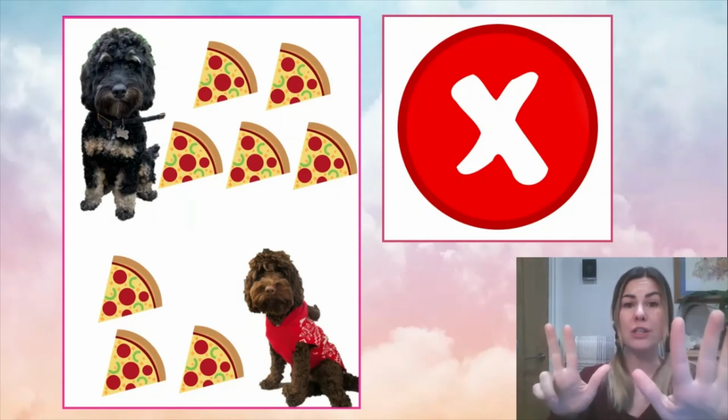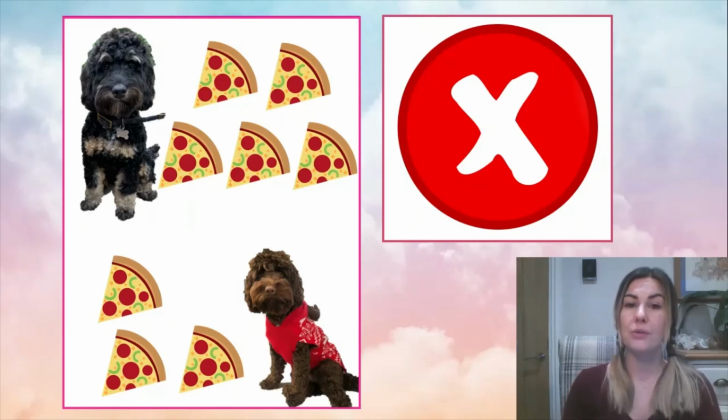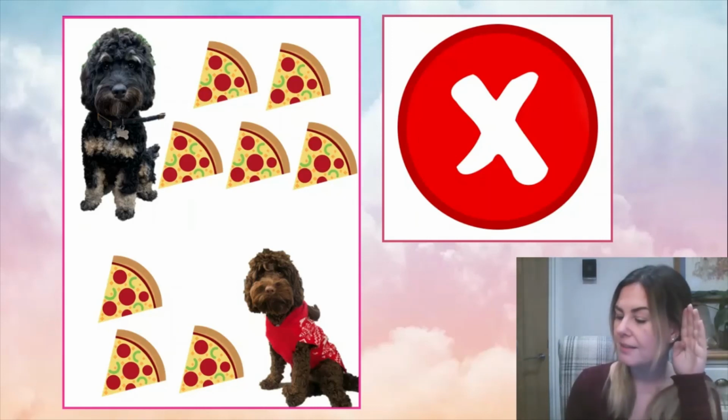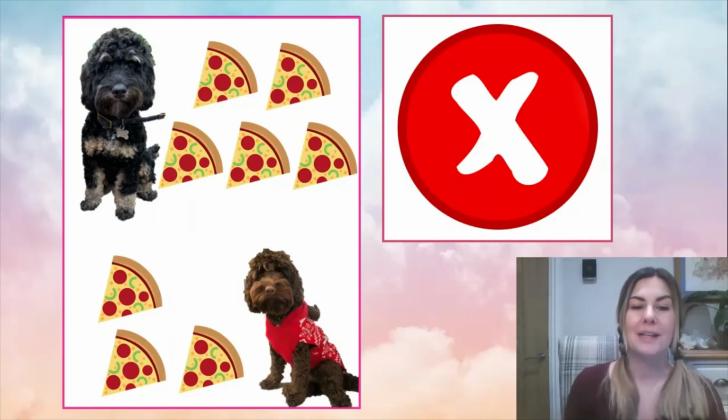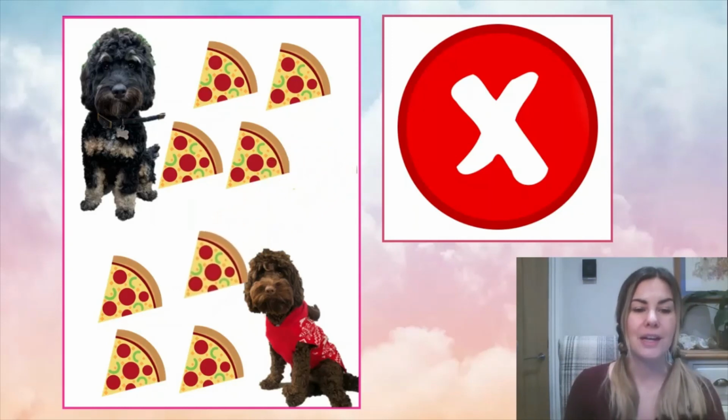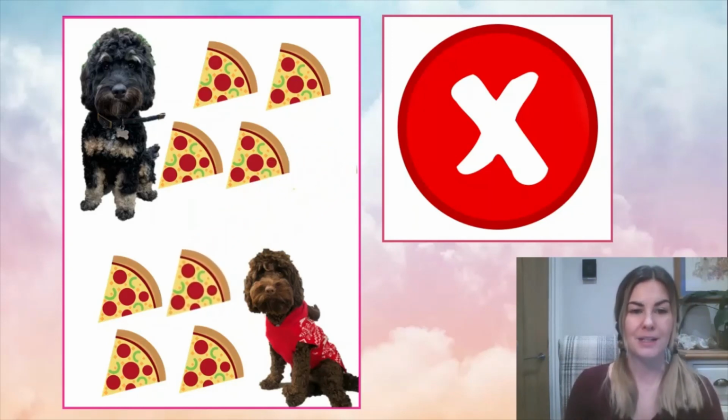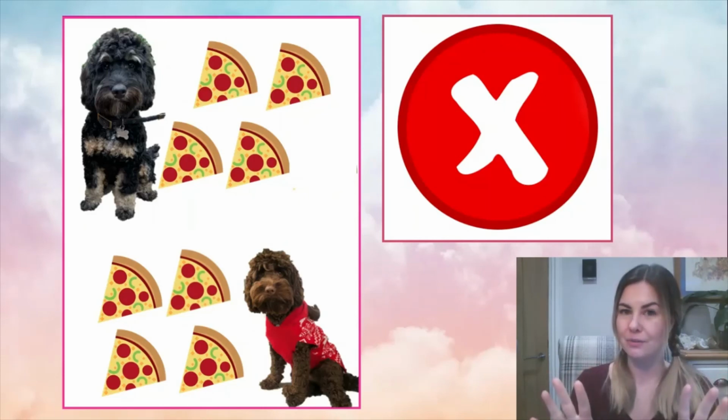So Mochi had more than Soji and that is not equal. Can you tell me what the answer should have been? Well, it should have been 4 each. Mochi should have had 4 and Soji should have had 4. That way they were the same.